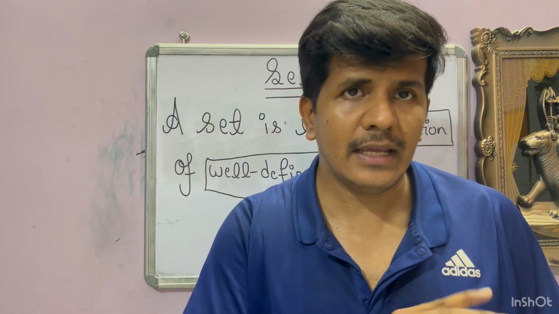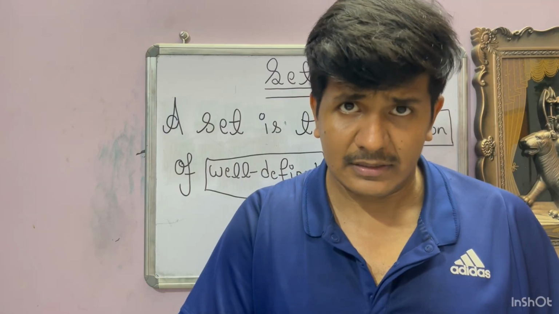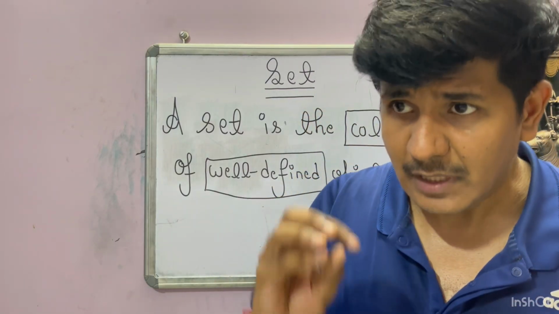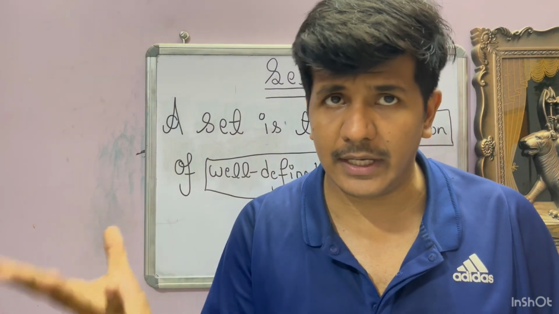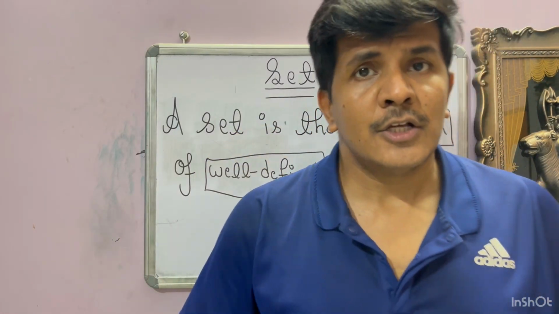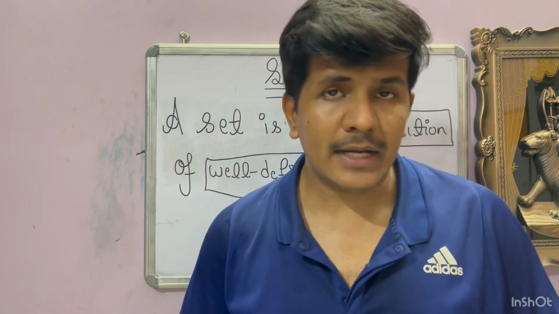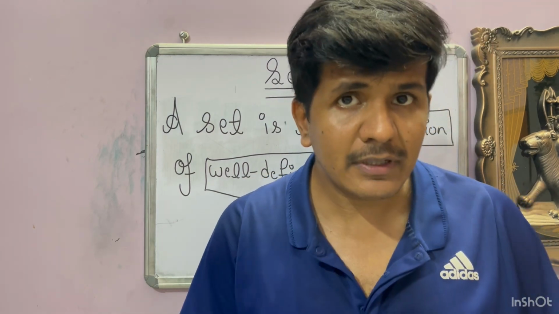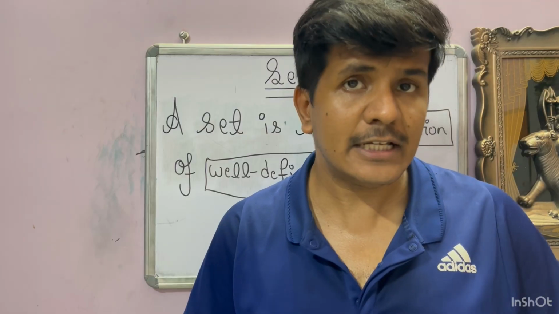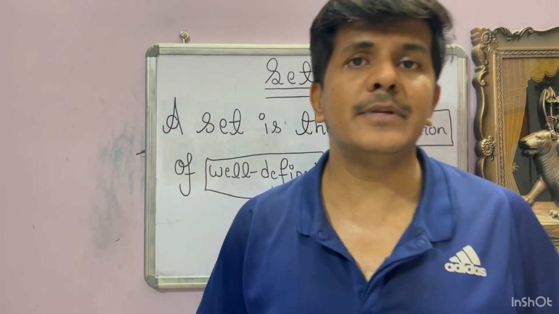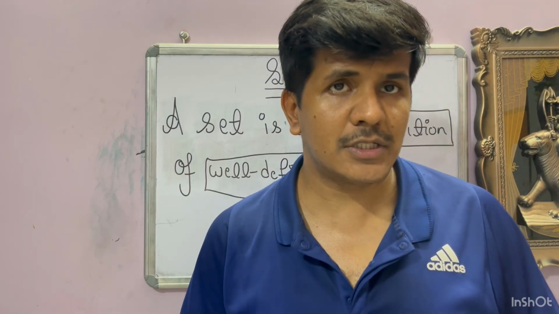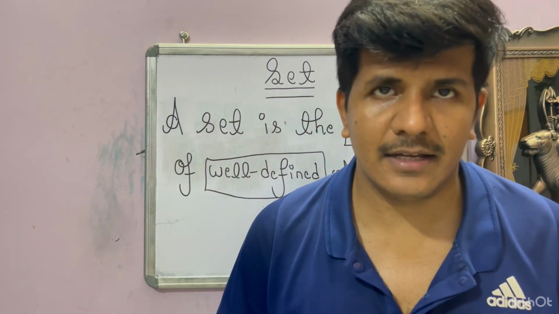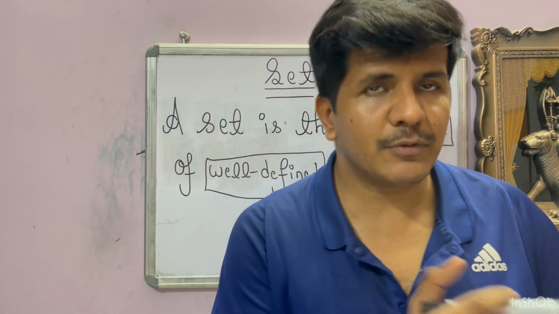The collection of A and B might not be the same, because what is beautiful for A might not be beautiful for B. So there is no surety that the collection of A and B will definitely be the same. So it is not a set. For A the collection is one thing and for B the collection is different.